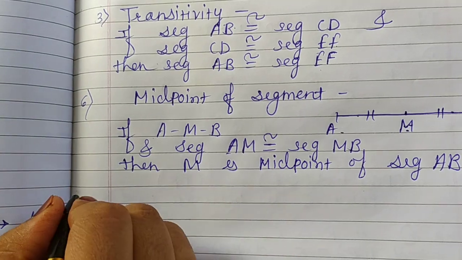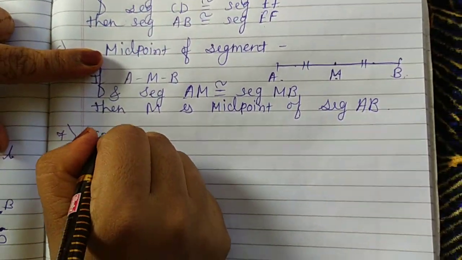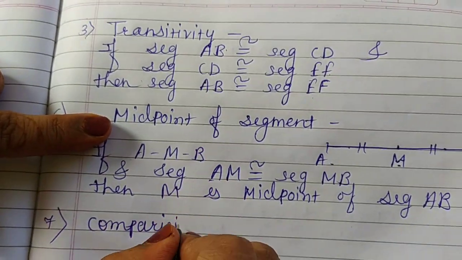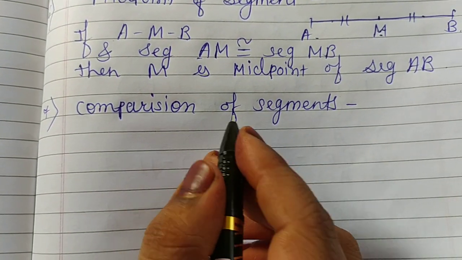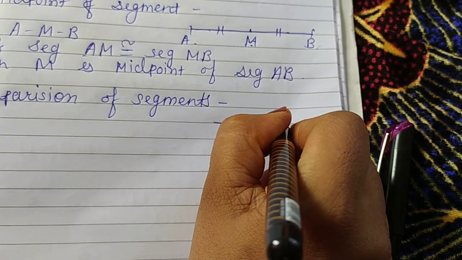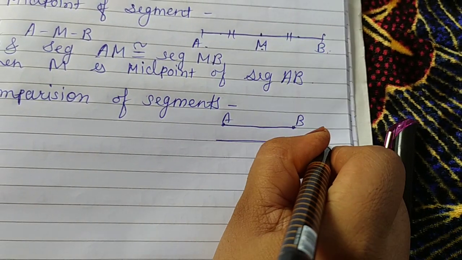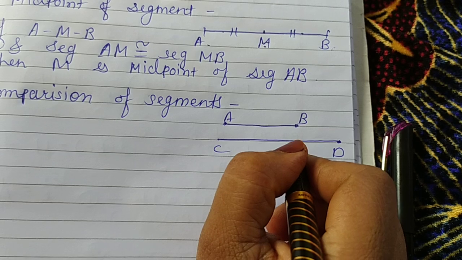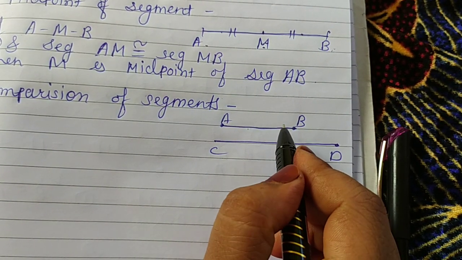Now next we have to see comparison of segments. Comparison means we have to compare which line is greater and which is smaller. If I have here segment AB and another segment CD, by observation you can say that AB is smaller than CD, or CD is bigger than AB.